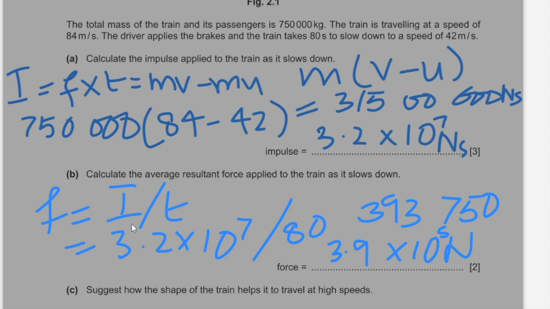So over here I'm not dividing the rounded 3.2 into 10 to the power of 7 by 80. I'm dividing the actual figure from the previous part by 80, though I might be writing the value which we had as the answer.